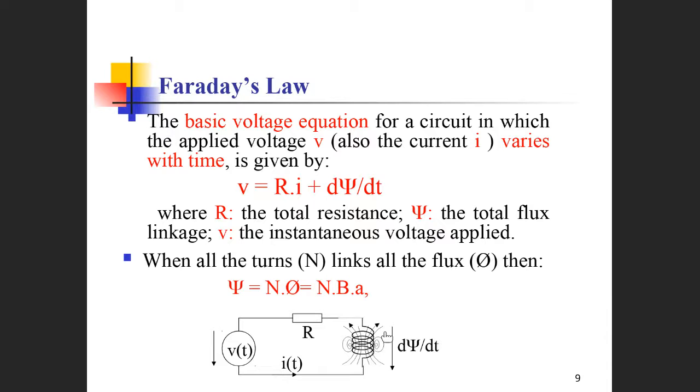When there is a change of the magnetic field inside the coil, there is induction on the coil. These inductions on the coil are against the change of the source voltage, against the change of the original current on the coil. As a result, we can have a complete Ohm's law that includes the resistive voltage drop Ri and the inductive voltage drop d phi dt.